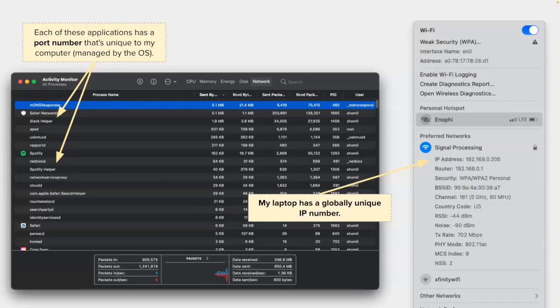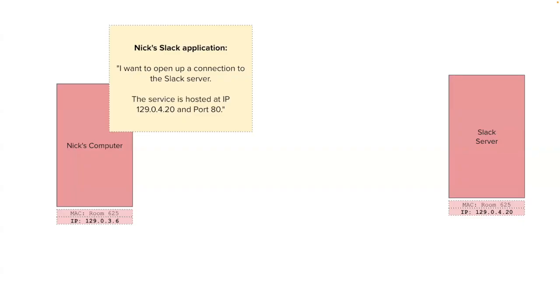And if you look at the ports, these are the ports your laptop assigned to each of these applications. Okay, I think this example is probably better. Let's say Slack wants to open a connection to the server, and we know the server is hosted at this IP and port 80.